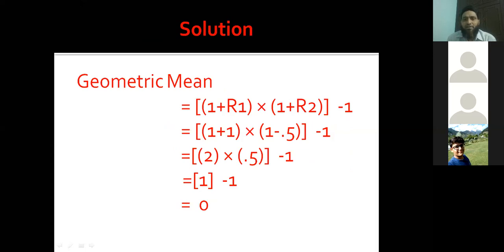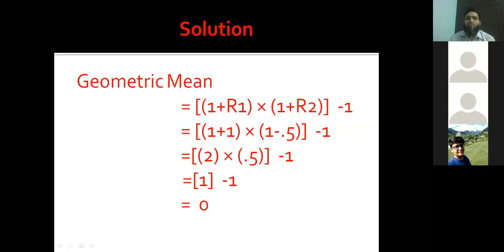It will be 200 into return relative of second year. And there was a decline of the stock price by 50%. So minus 0.5. So in this case, 1 plus 1, 2 into 1 minus 0.5 is equal to 0.5, minus 1. So 2 into 0.5, that is 1, minus 1 is equal to 0.